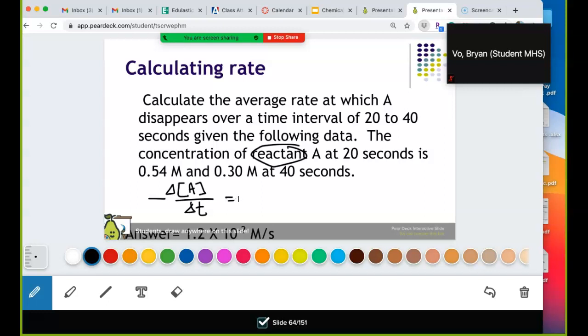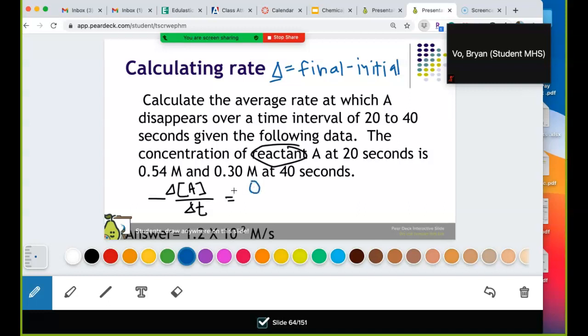At this point, we just plug in. Now I know we keep saying delta means change, but mathematically it means final minus initial. And you should remember this from the thermo chapter. Change means final minus initial. Final whatever minus initial whatever. So on the top, change in concentration.